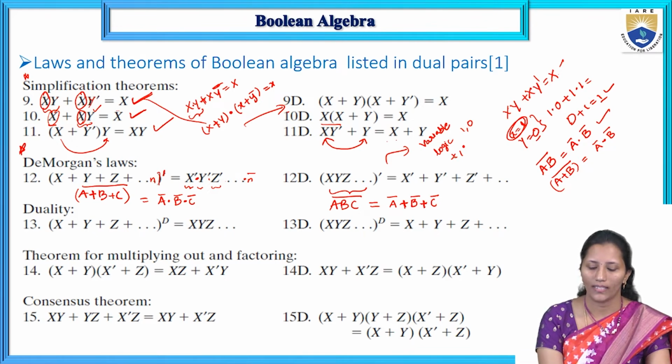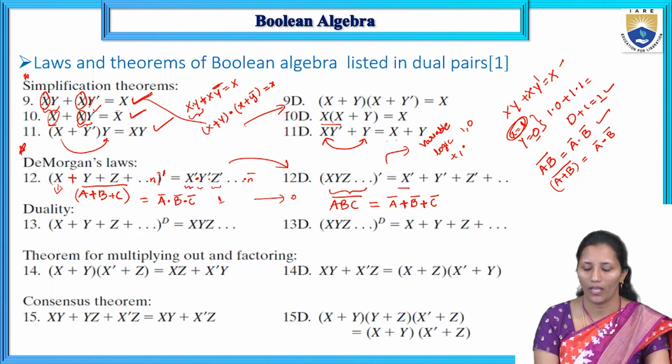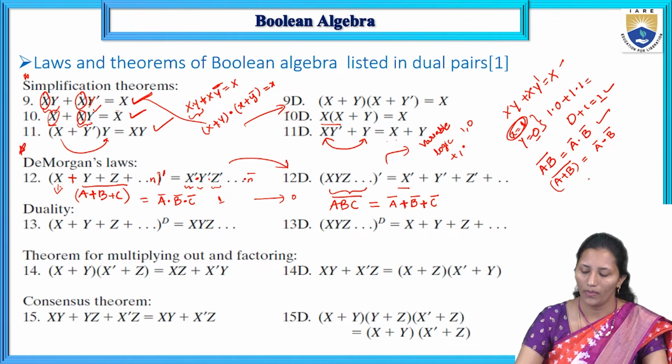So in De Morgan's law, in the duality, we will change the variable. We will take the variable complement. Here we have x, so we have to take x bar. And for the logical operator, if we have plus, in duality we will get the AND operator, and if we have 1, we will get the 0 logic value in the duality. Suppose for example x plus 1 is equal to 1.